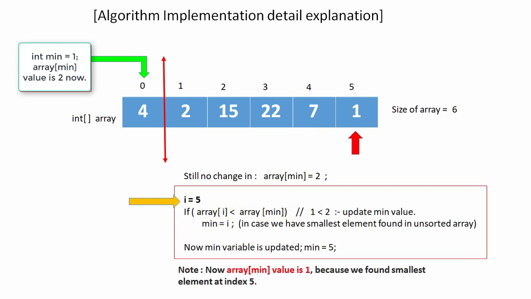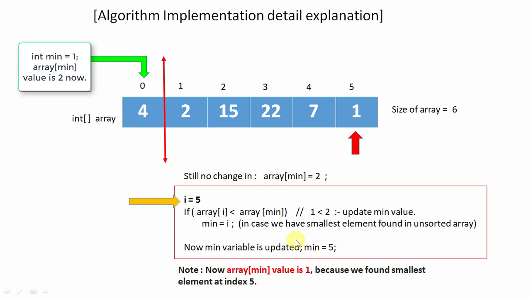Now the pointer moved to the 5th index. Okay, and again the comparison will happen. So 1 will be compared with the 2, so we found another smallest element. Okay, so the if condition will be executed and min is equal to i. Now the smallest element is at the 5th index, so we have stored the index 5. Now the min variable is updated, min is equal to 5.